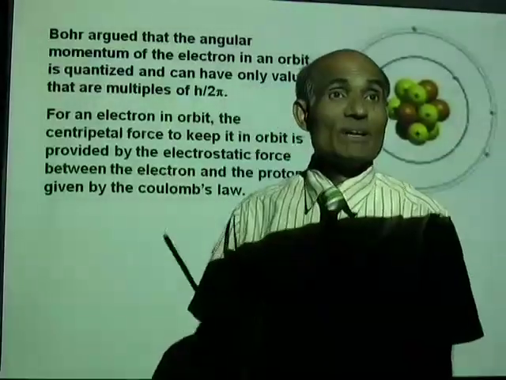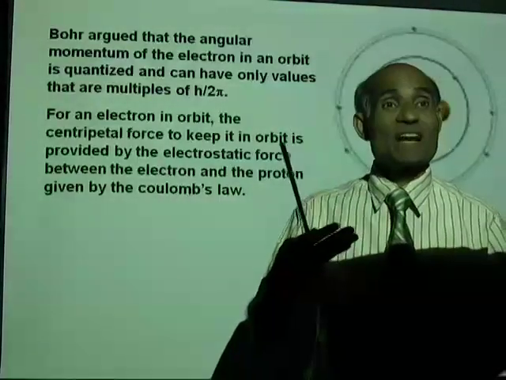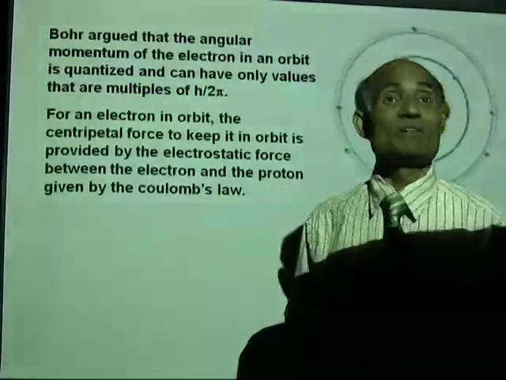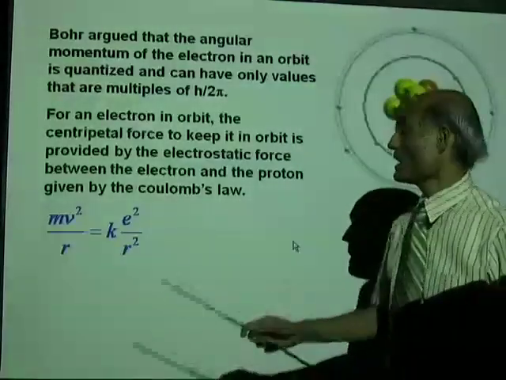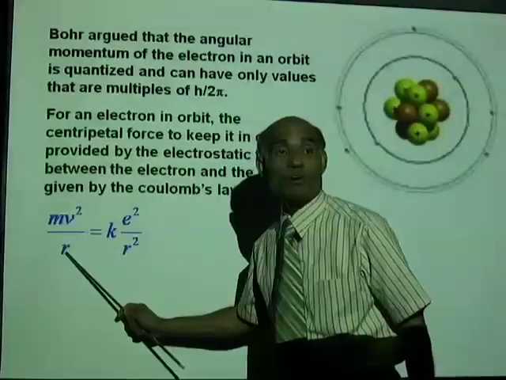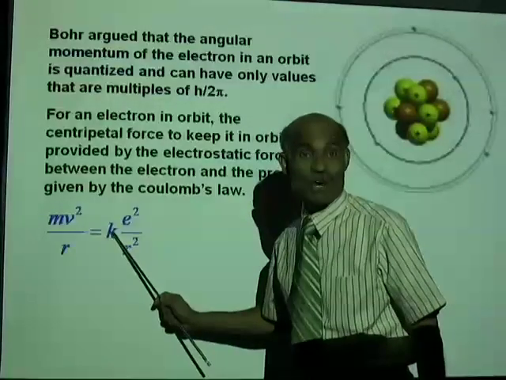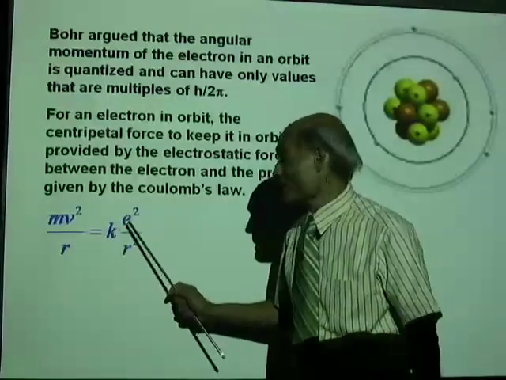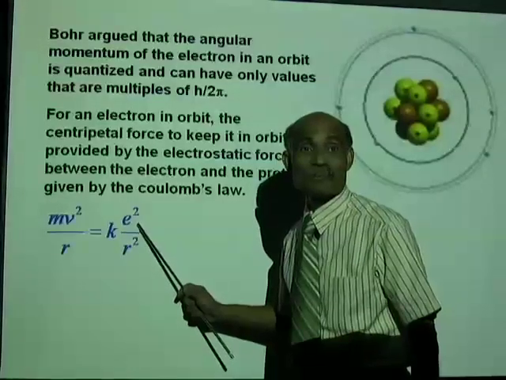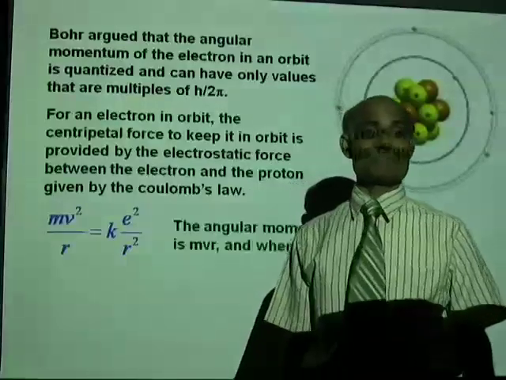So the centripetal force is actually provided by the electrostatic force between the proton and the electron. And we can write this relation: m v squared over r, which is the centripetal force, equals k, the constant of Coulomb's law, times q1 q2, where q1 equals q2 equals e, and r is the radius of the orbit.